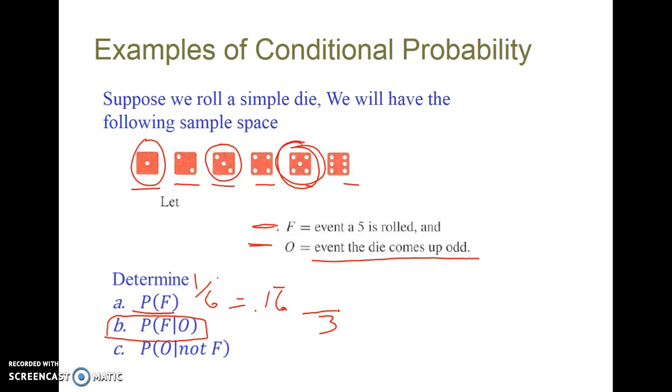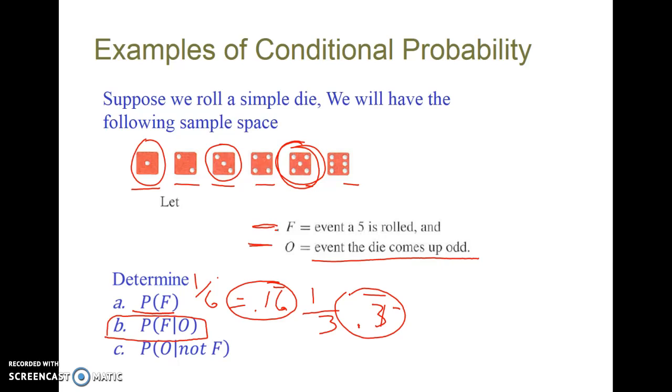And of those 3, how many are event F, which is the 5? That's 1 out of the 3. So the probability of F, given that we know it's odd, is 1 out of 3, which is 0.3 repeating.